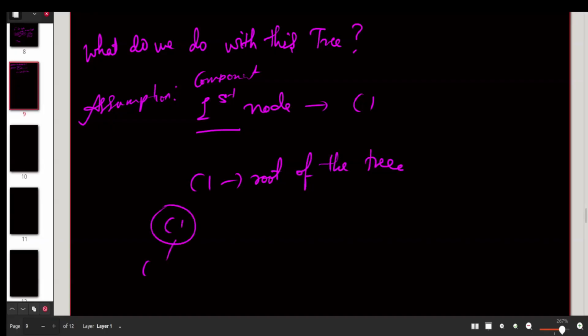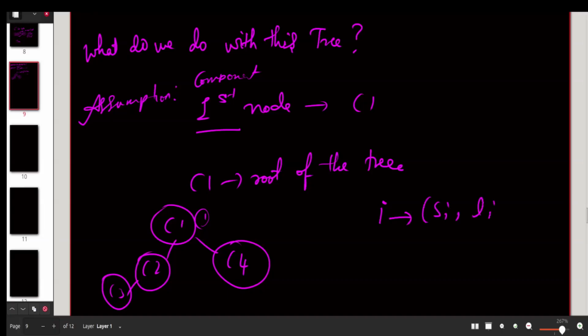So it's like C1, C2, C3, or you can have C4 below C3, or in the above example it's below C3, but you can also have it like this. It can be anything. It's just that C1 has the node named 1. Assume that for now, to understand it in an easy way. Now, given merchant i, we have the pair Si, Li. Find out to which component the vertex Si belongs to. Let's call it CSi, and the component to which Li belongs is CLi.